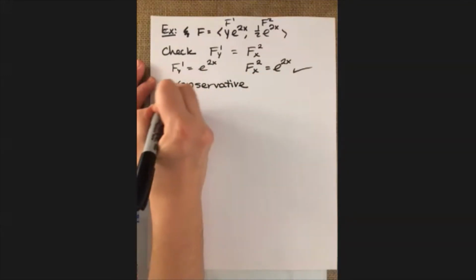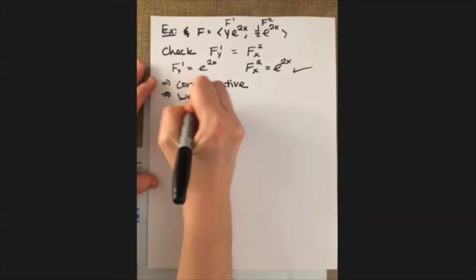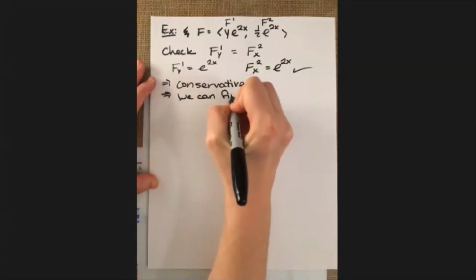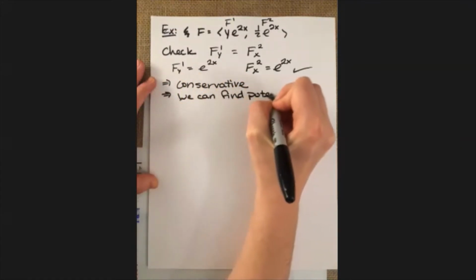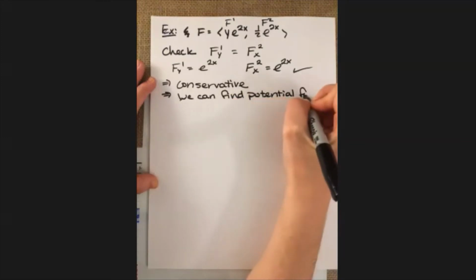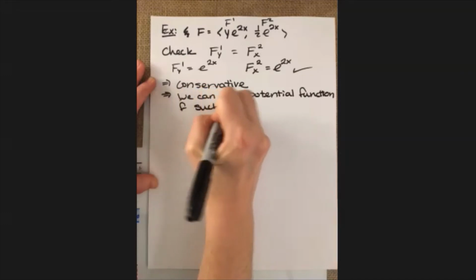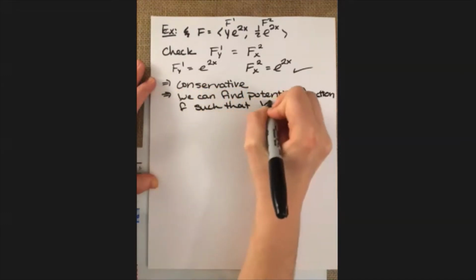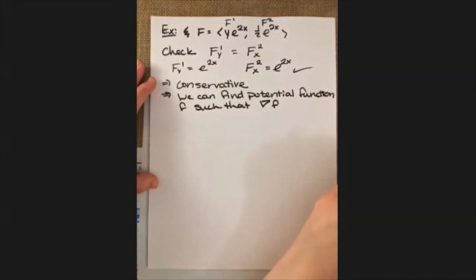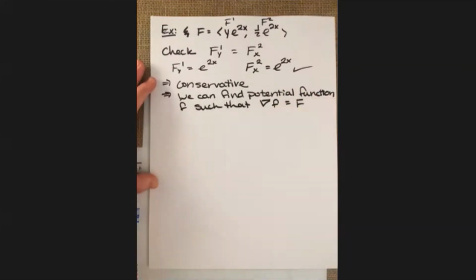And since there's a conservative vector field, we can find a potential function. That means that we can find something that when we take its gradient, it gives us our vector field.